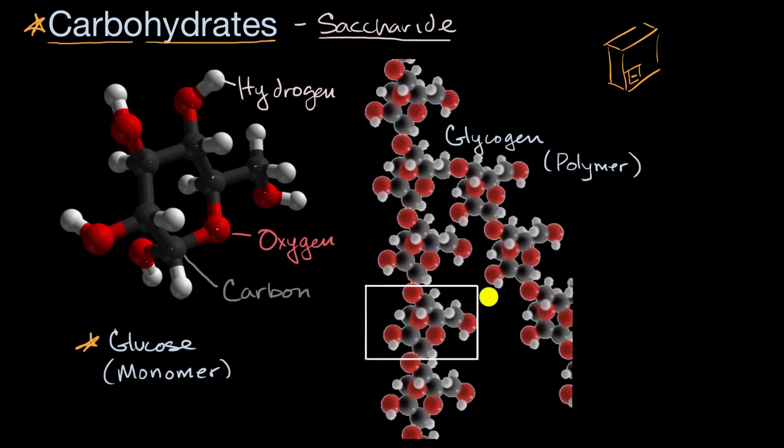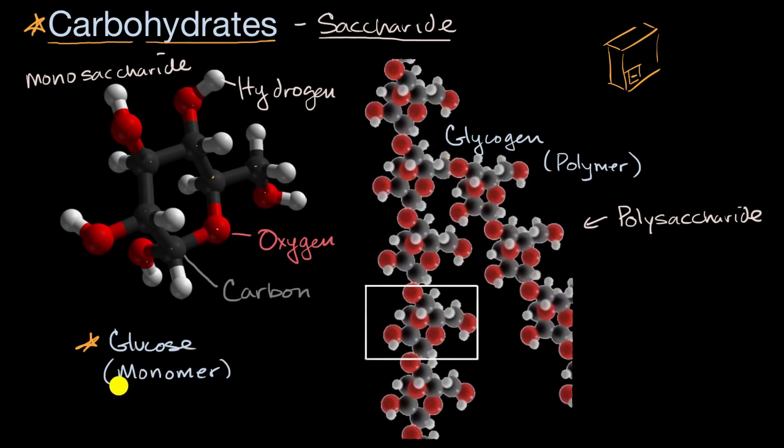And so something like this, we would call glucose a monosaccharide. It's one simple sugar right over here, monosaccharide. And we would call this glycogen a polysaccharide. Or another way to think about it is glucose is the building block for the glycogen.